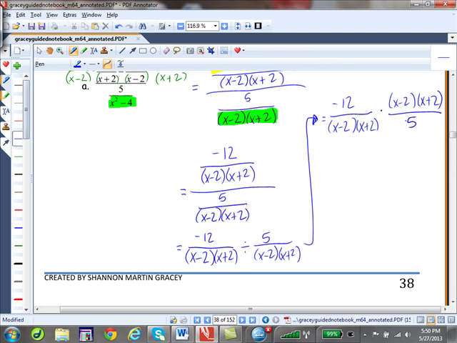So here the x minus 2 divides out to be 1. X plus 2 divides out to be 1. So this one actually simplifies to be negative 12/5. Okay.